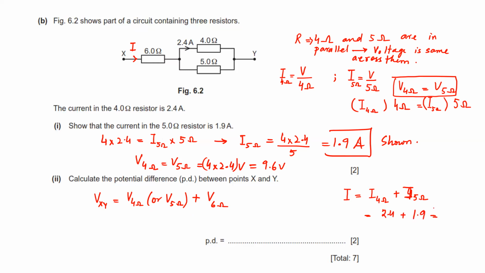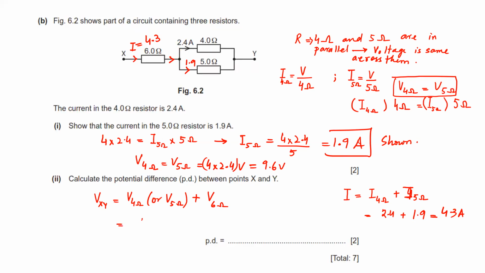So 1.9 plus 2.4 is 4.3 amperes. So 4.3 amperes current is flowing, and this I is equal to 4.3. This current divides into 2. If you calculate backward, this is 4.3.